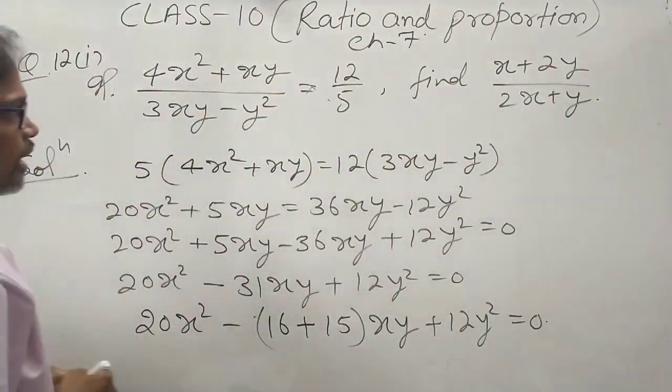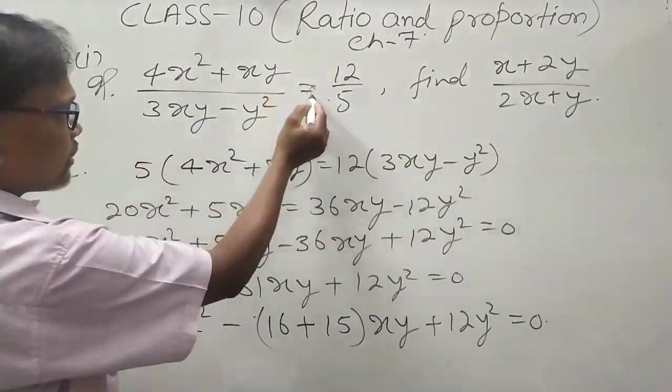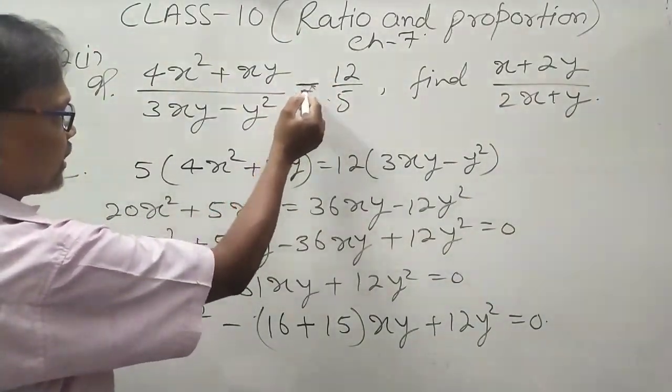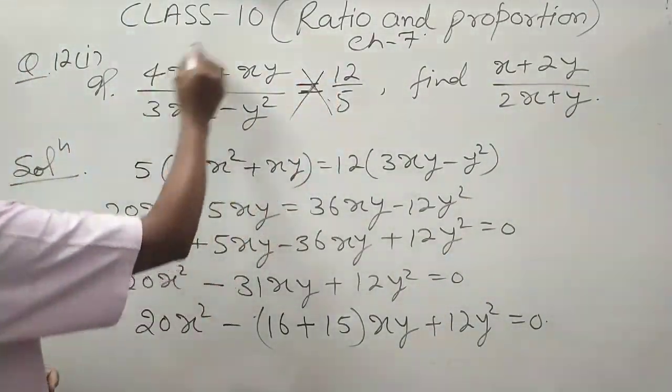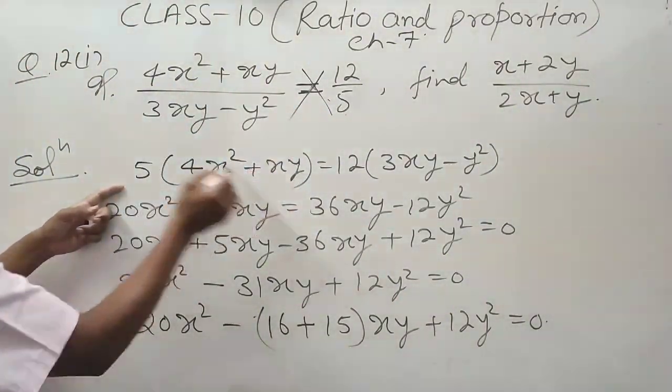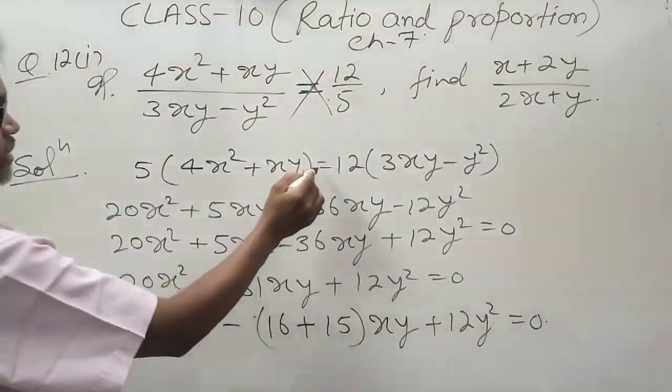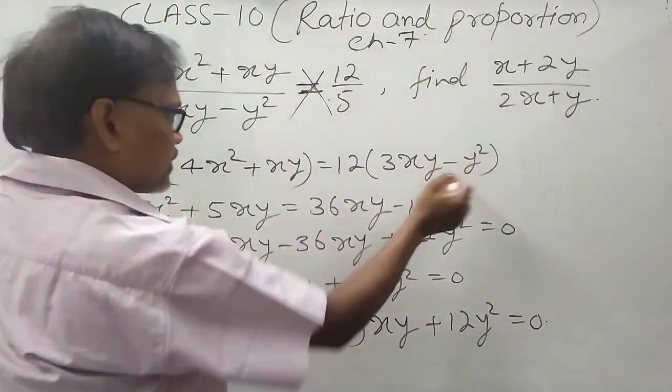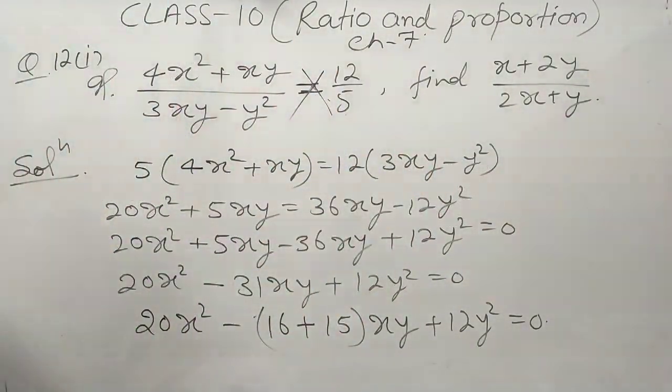Here you first do the cross multiplication of this equation. Means 5 in bracket 4x square plus xy is equal to 12 in bracket 3xy minus y square.